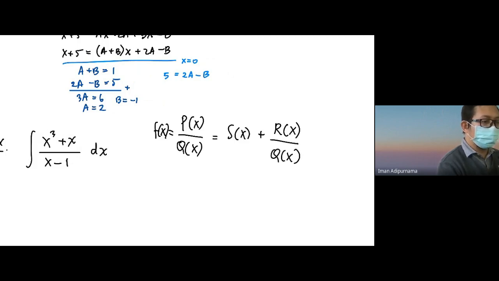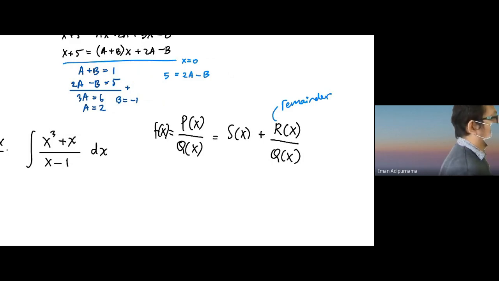If you remember in polynomials in high school, the r is called the remainder, right? If the division is not completely zero, then it will have the remainder.